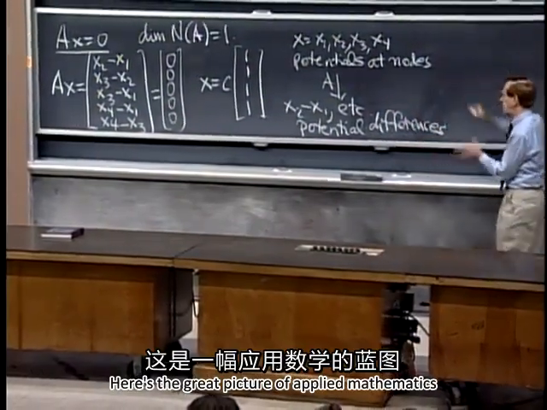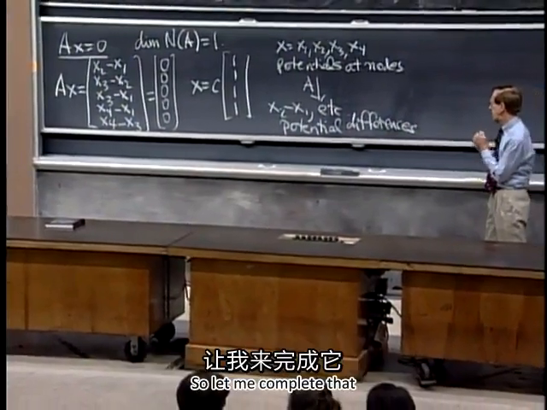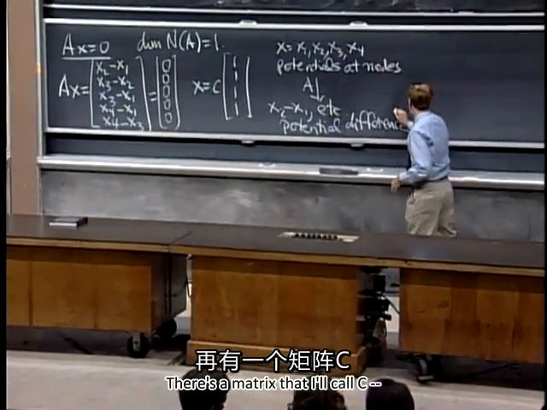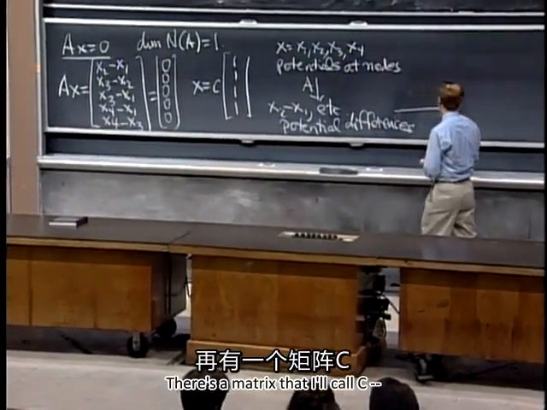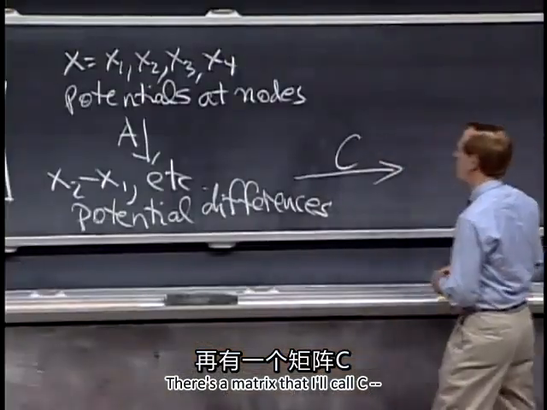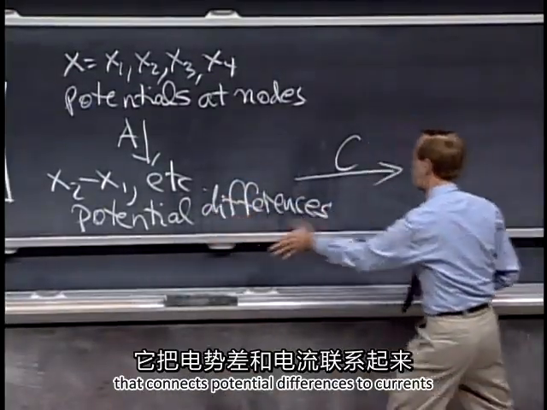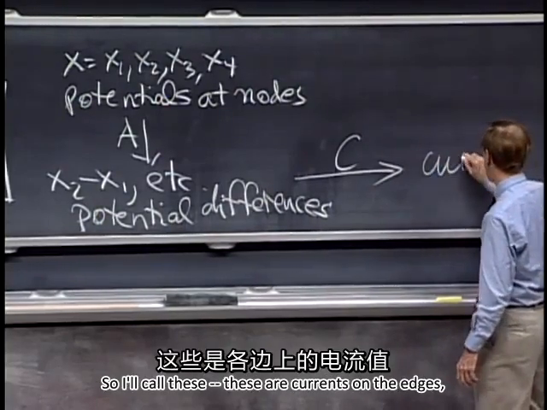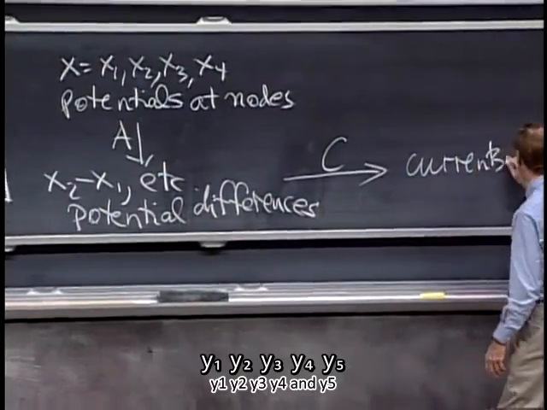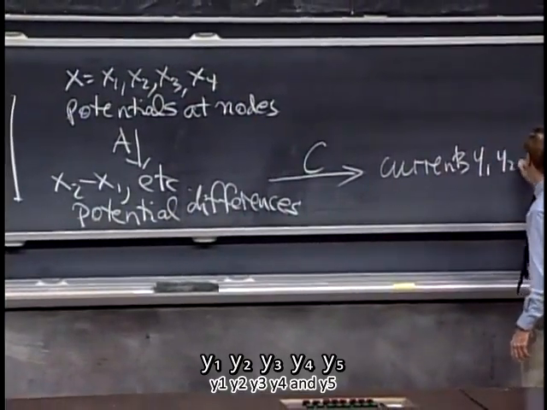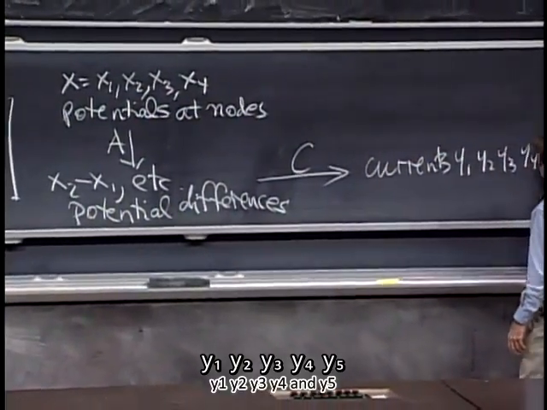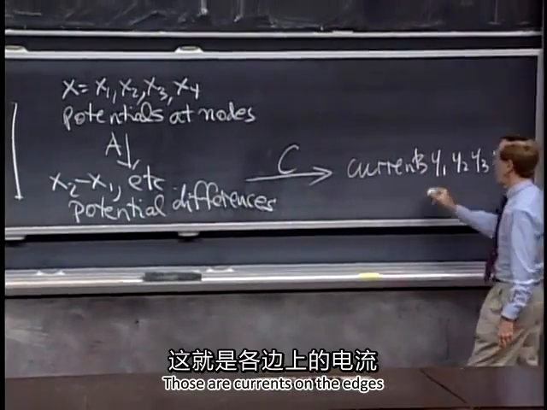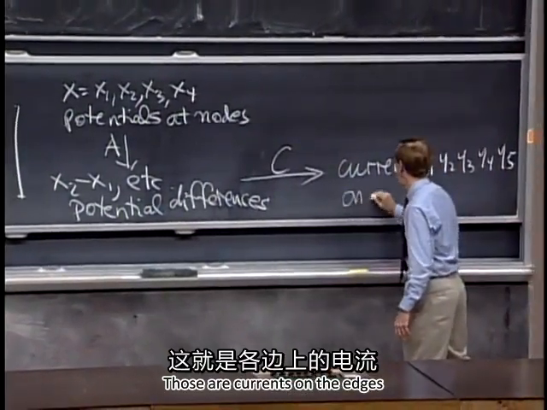Here's the great picture of applied mathematics. Let me complete that. There's a matrix that I'll call C that connects potential differences to currents. These are currents on the edges: Y1, Y2, Y3, Y4, and Y5.